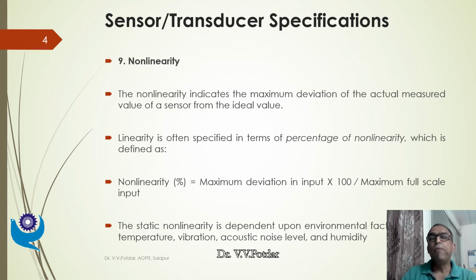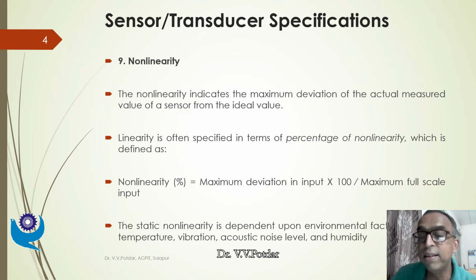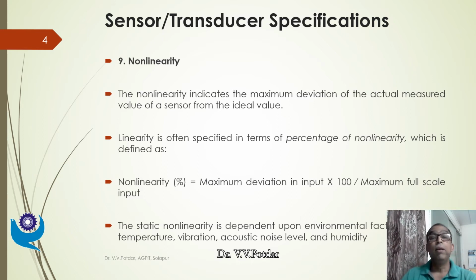So applied force is proportional to displacement x, and the constant of proportionality is the stiffness of the spring. So this is a linear behavior of the spring when we are applying load within the elastic limit. If I go on increasing the load, and when the value of the load crosses the elastic limit, the spring will start behaving in a nonlinear way.